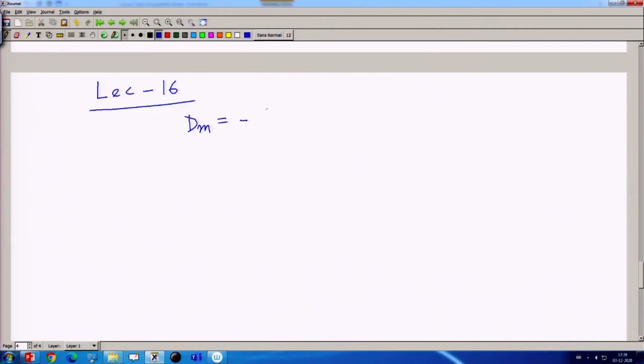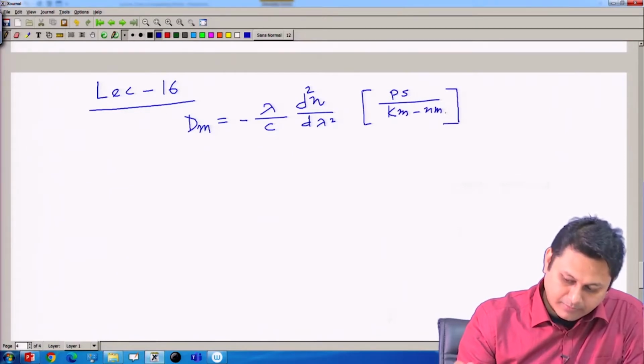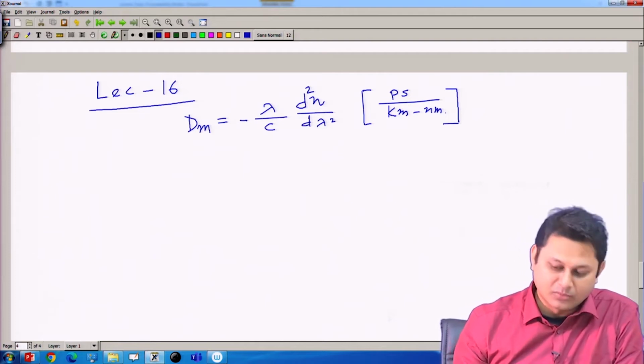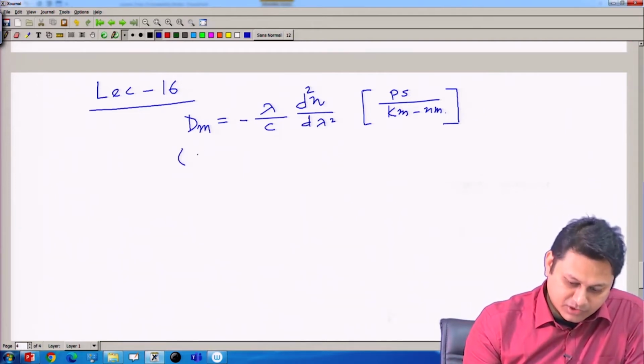By definition it is minus lambda divided by c, d2n d lambda square, and the unit should be picosecond per kilometer nanometer, and we call this the dispersion coefficient.